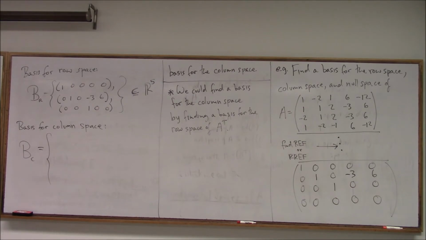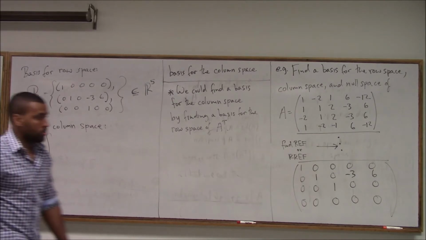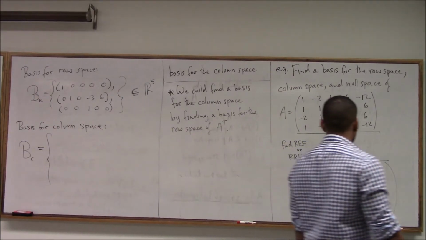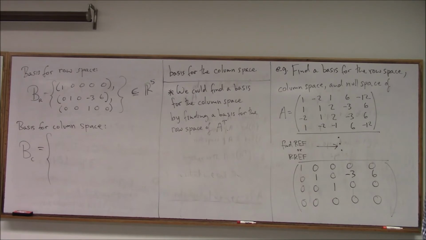Isn't it the whole original matrix, the column vectors? Because none of them are zero columns in the reduced version.